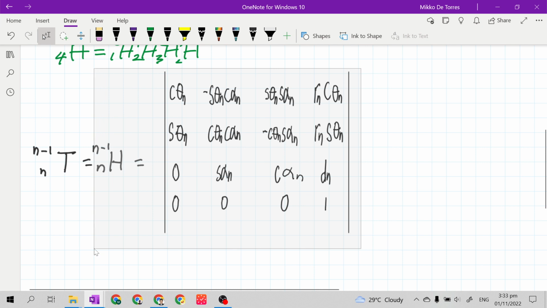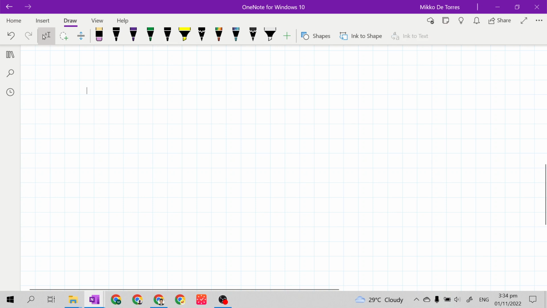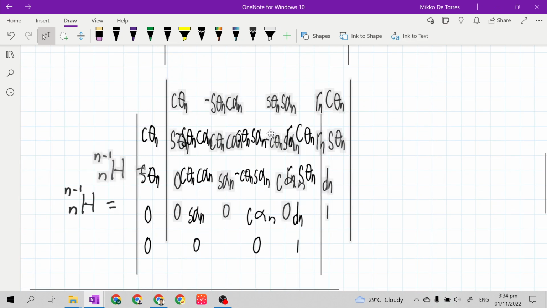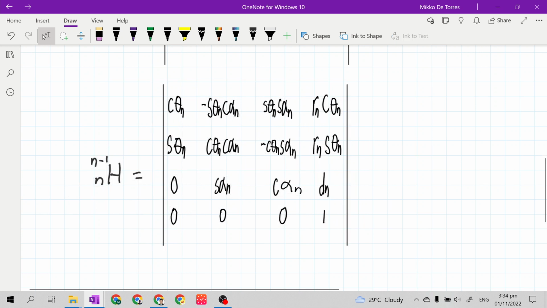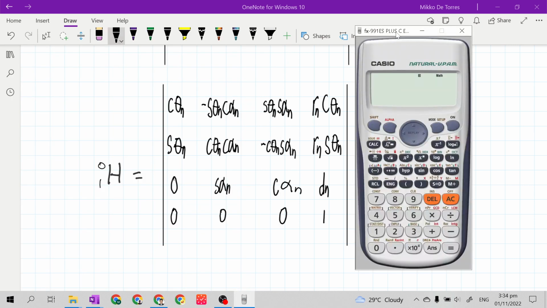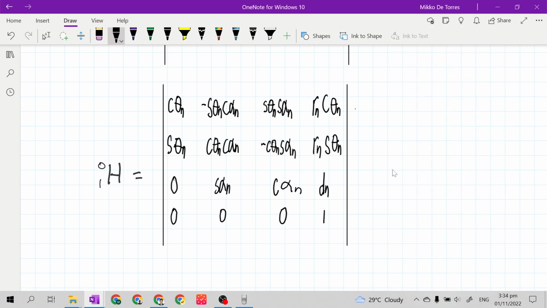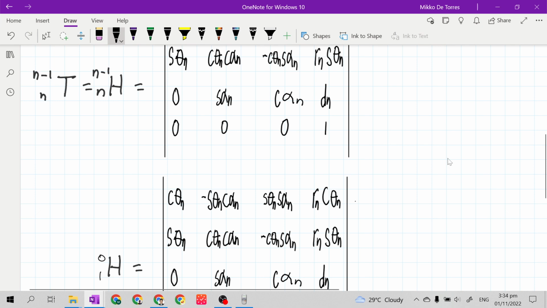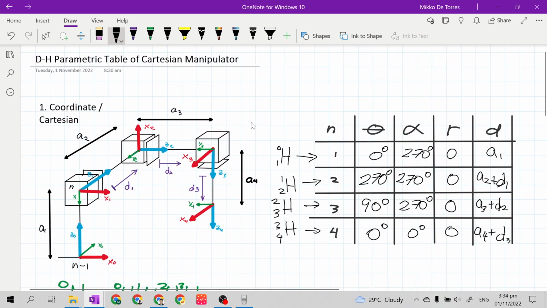First, I will copy this for H01. So to confirm if our answers are correct, I will use a scientific calculator. So this is H01, this first row.